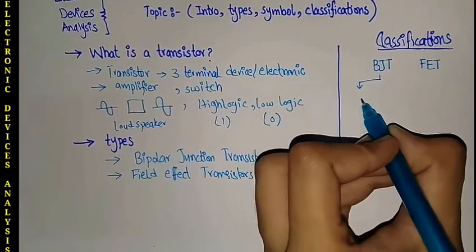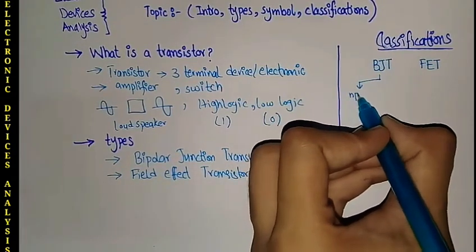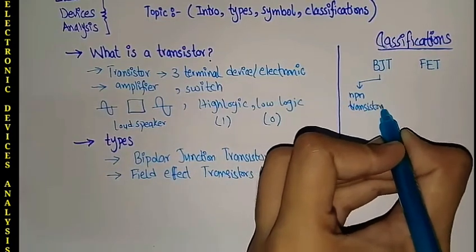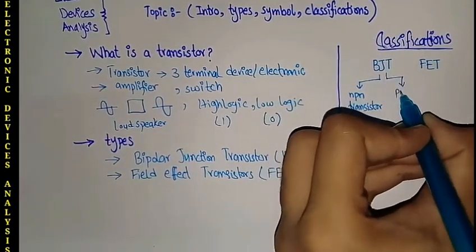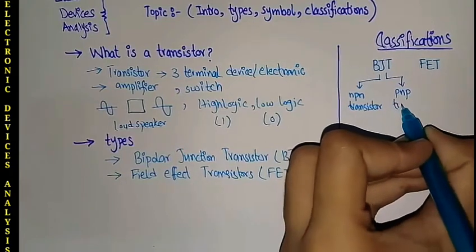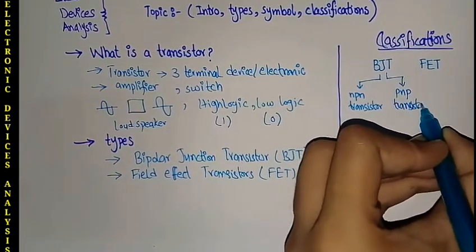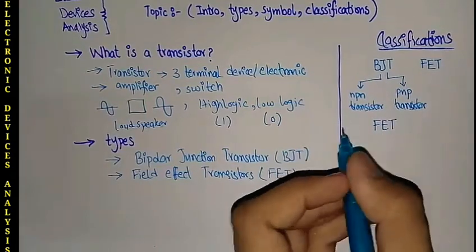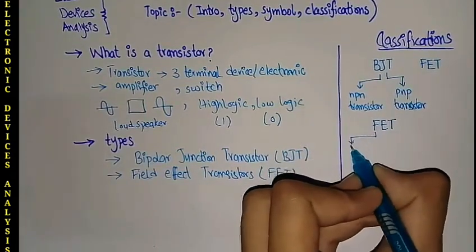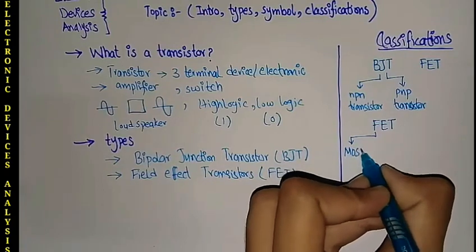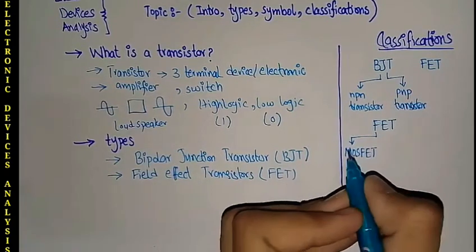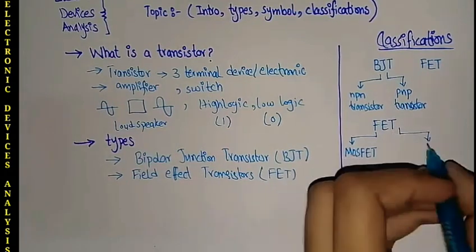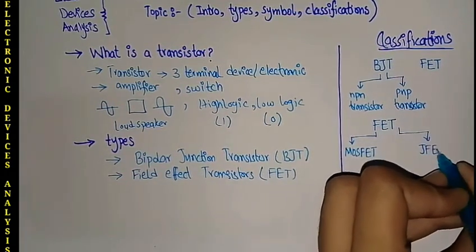BJT has furthermore two types, and this will be NPN transistor, and the other one is PNP transistor. And FET has furthermore classifications. FET has two types, MOSFET, metal oxide semiconductor field effect transistor, and another type is JFET.